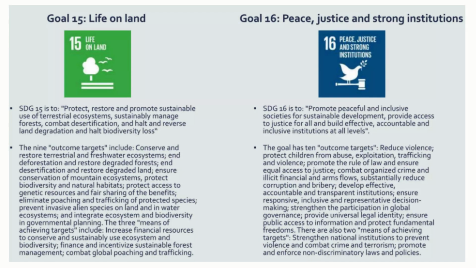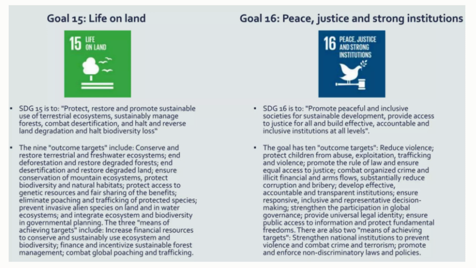Goal 15, Life on Land. SDG 15 is to protect, restore, and promote sustainable use of terrestrial ecosystems, sustainably manage forests, combat desertification, and halt and reverse land degradation and halt biodiversity loss.